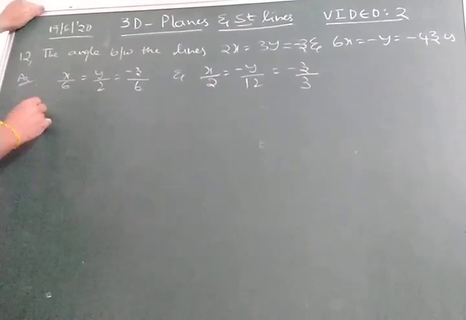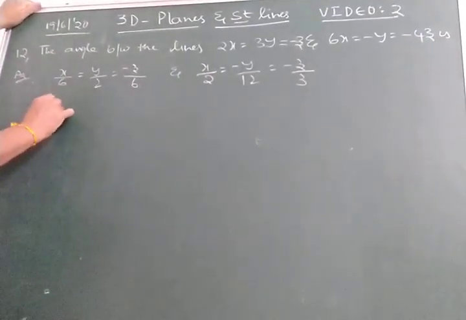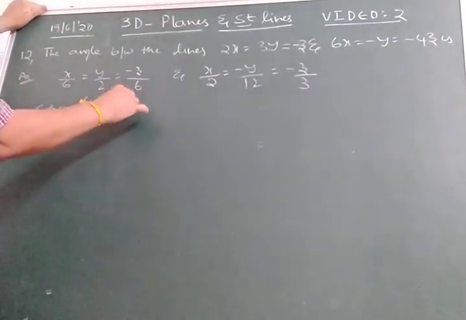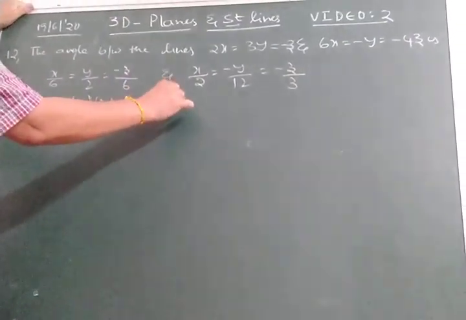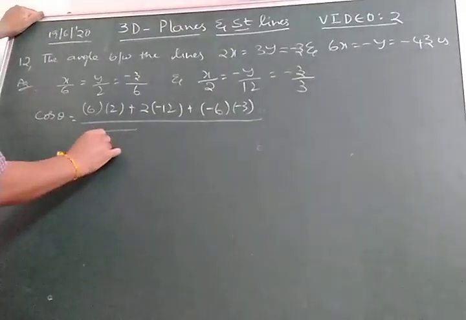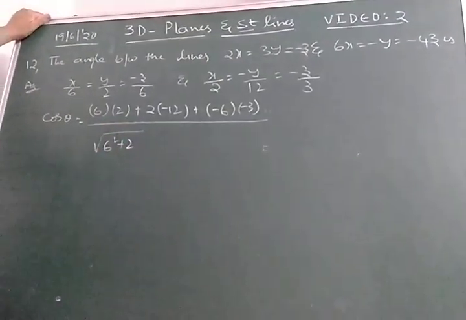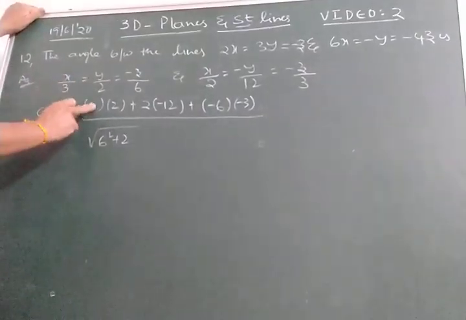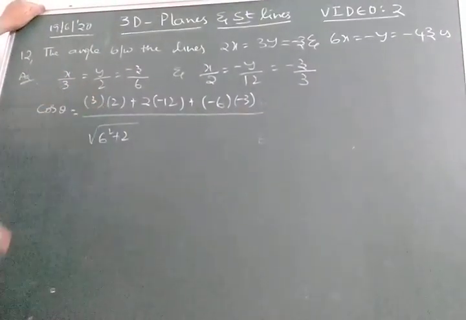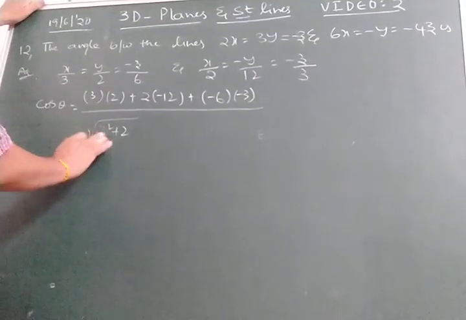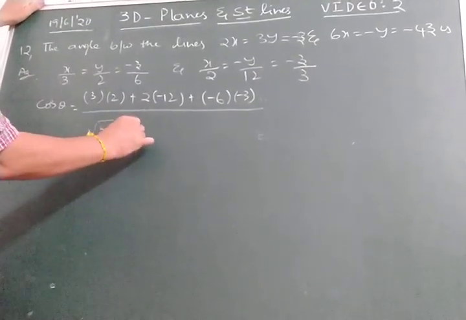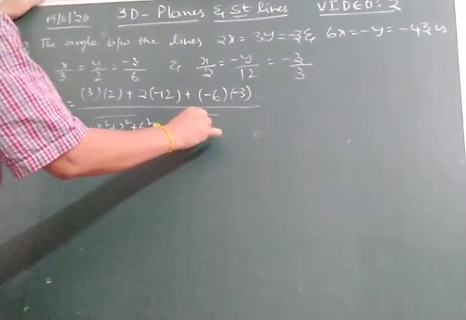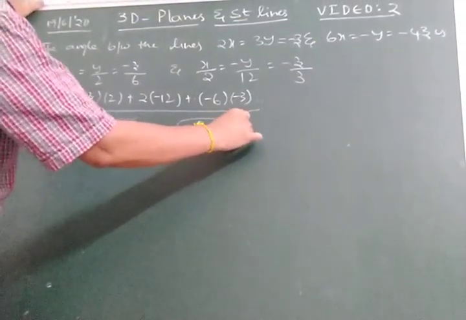Then the angle between the lines: cos theta is equal to (3 into 2 plus 2 into minus 12 plus minus 6 into minus 3) by square root of (3 square plus 2 square plus 6 square) into square root of (2 square plus 12 square plus 3 square).